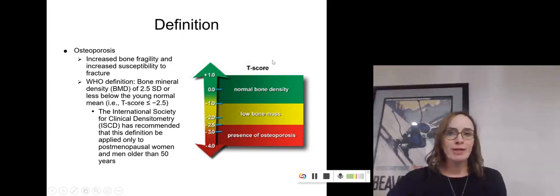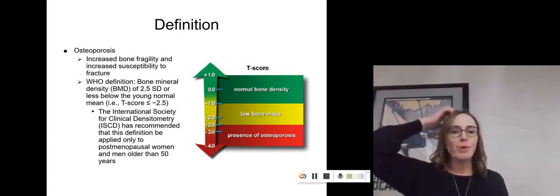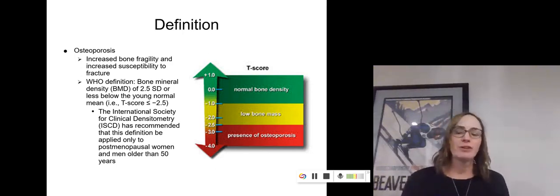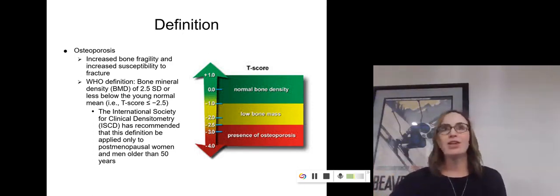If your T-scores are above a negative 1.0, that is considered normal bone density. If they are below a negative 1.0 to a negative 2.5, that's considered low bone mass. We used to call it osteopenia. I still refer to it as osteopenia, but the terms are changing. And then if it's below a negative 2.5, it's considered osteoporosis.